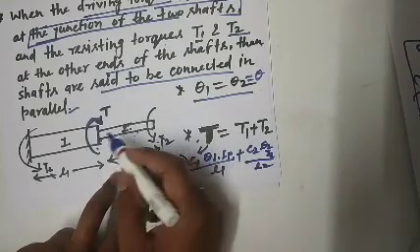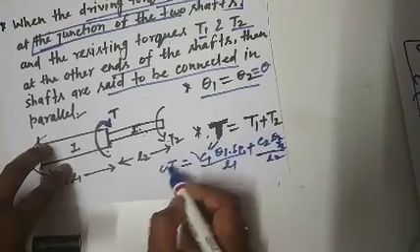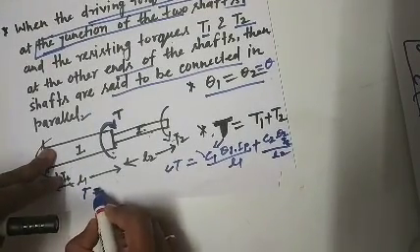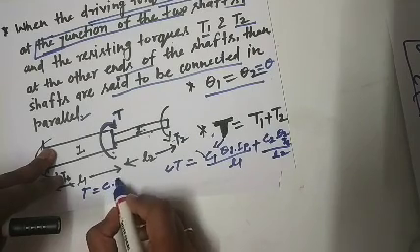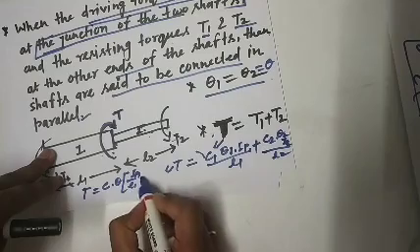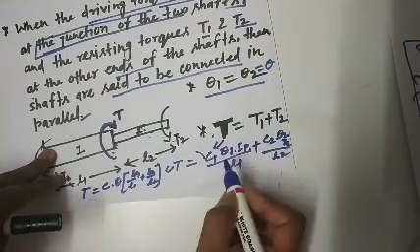If the shaft material is the same, then C will be constant, and theta is already constant, so this expression can be written as T equal to C theta, times the bracket IP1 upon L1 plus IP2 upon L2.